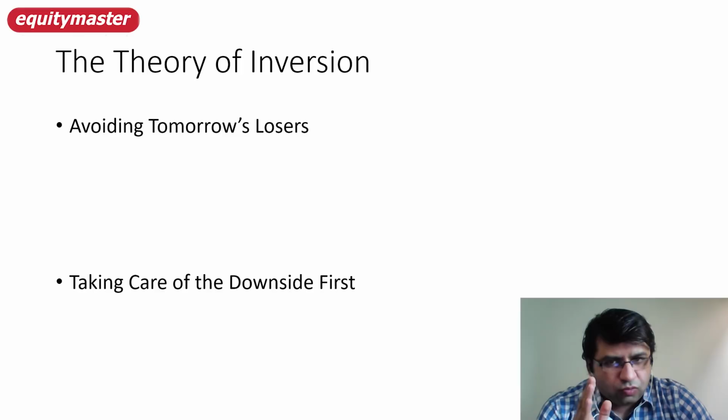And method number 2 was trying to avoid tomorrow's losers. So the focus here is not to maximize the upside, it is to try and minimize the downside and let the upside take care of itself. Method number 1 was trying to maximize the upside and not focusing that much on the downside. Well, method number 2, which I like to follow, is trying to minimize your downside and letting the upside take care of itself.